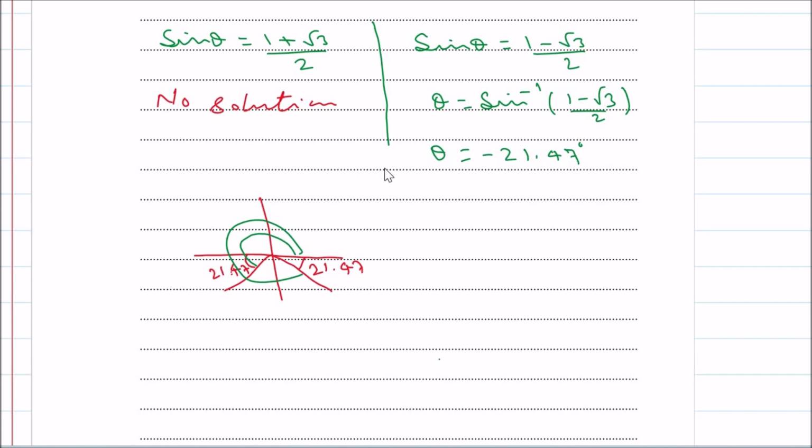So theta will be given by 180 plus 21.47, that is 201.47, that will be 201.5 degrees to 1 decimal place. The other value will be 360 minus 21.47, and that gives us 338.53.